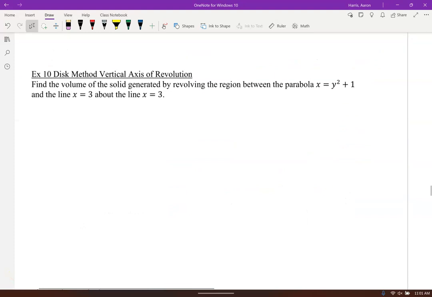Alright, find the volume of the solid generated by revolving the region between the parabola x equals y squared plus 1 and the line x equals 3. At least this is how I picture it.